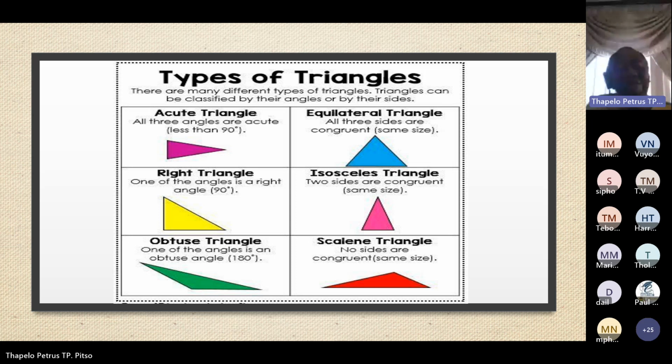And then as we explained earlier, equilateral, all your sides will be equal, all your angles will be equal. Isosceles triangle, two sides equal, two angles equal. Scalene triangle, no sides equal, no angles equal. Just remember those properties, then you will be very safe.